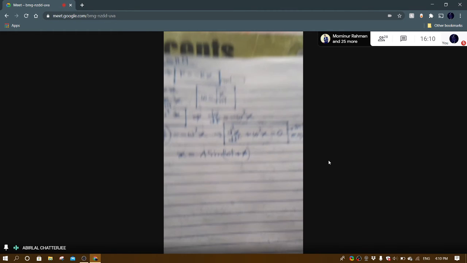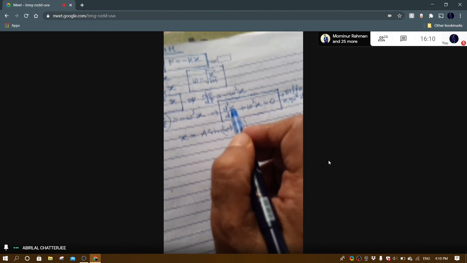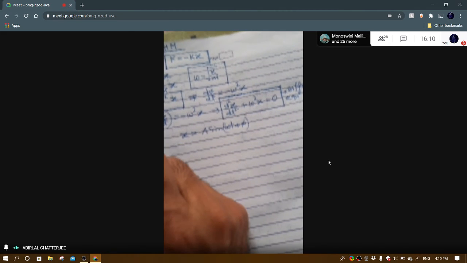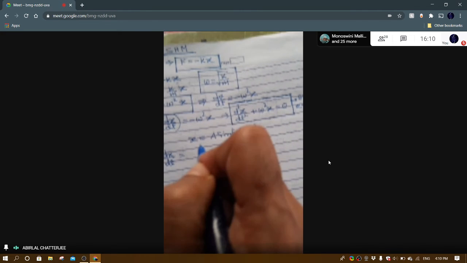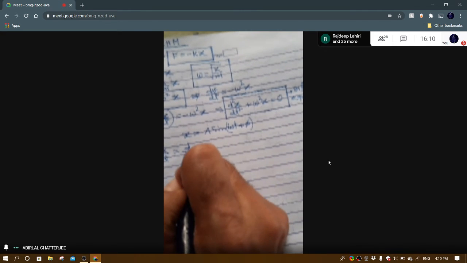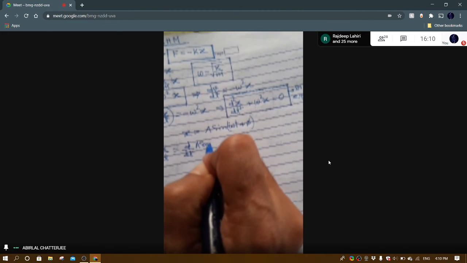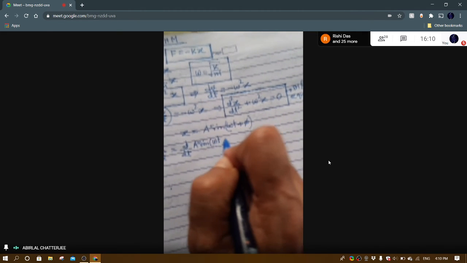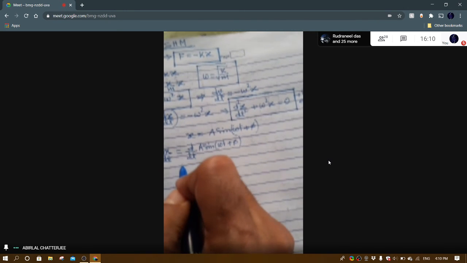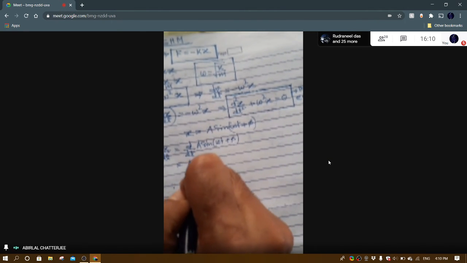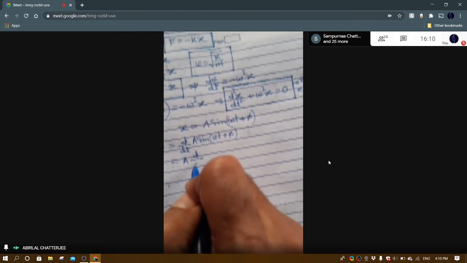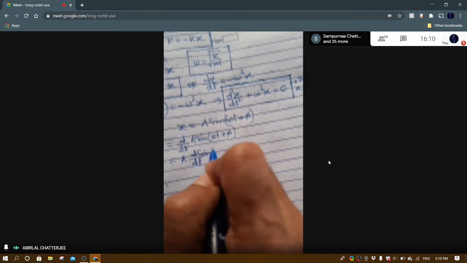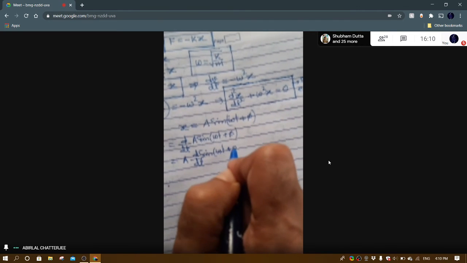Now dx/dt first I will find out. That means dx/dt equals d/dt of A sin(omega t plus phi). A constant comes out of differentiation: A d/dt of sin(omega t plus phi). Now sine's differentiation is what? Cos.